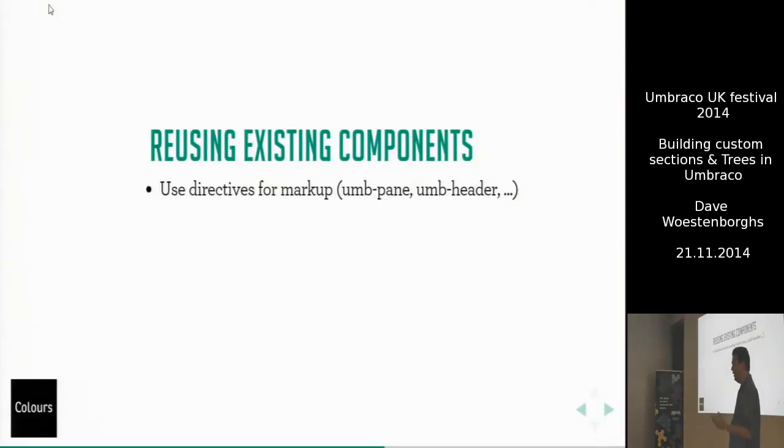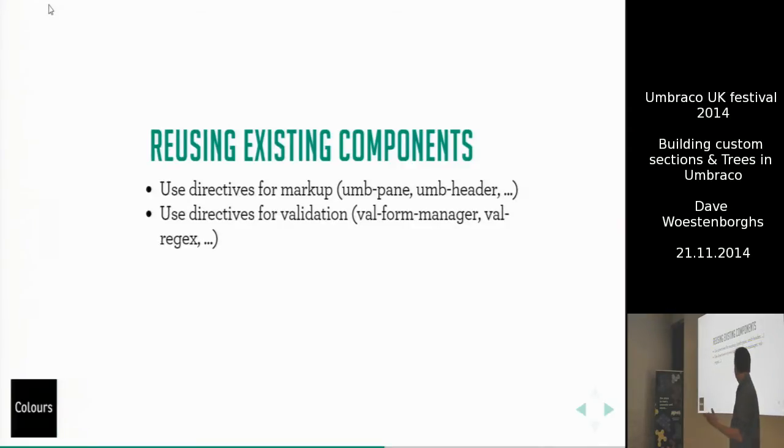We can use directives. There are a lot of directives in the core which generate markup like all the rest of the backend. Something like ump_panel, ump_header, and there are a lot more, ump_property, ump_editor. There are a whole bunch of them in there.